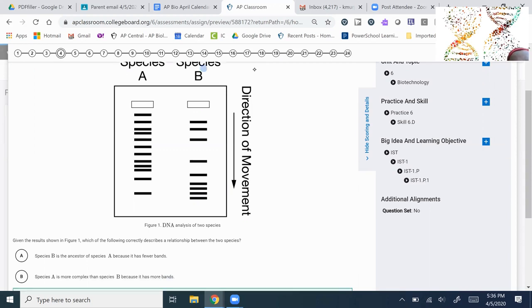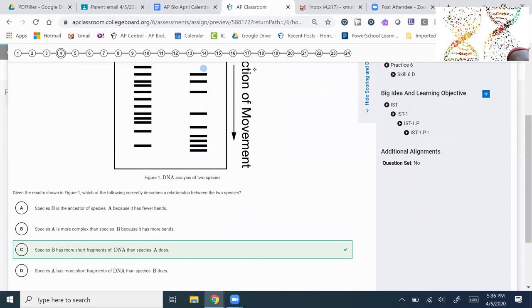All right, so that one is going to be incorrect. Species A is more complex than species B because it has more bands. No, that just means the restriction enzyme goes and cuts it at different sequences. So that is incorrect as well.